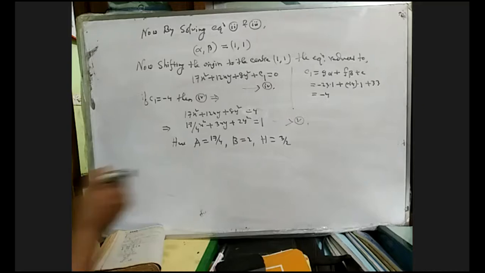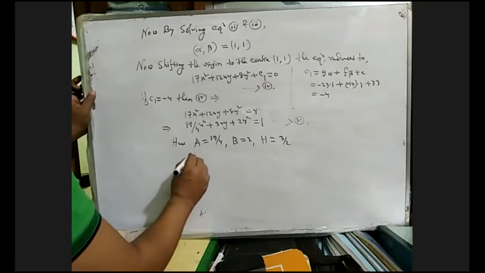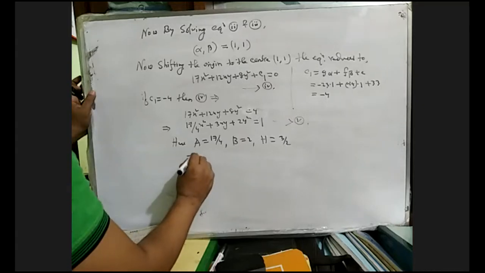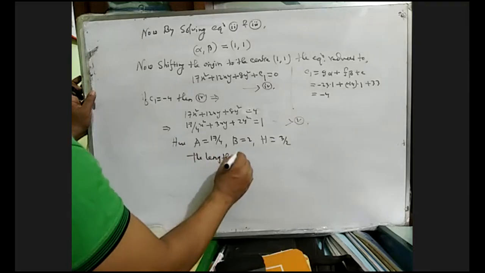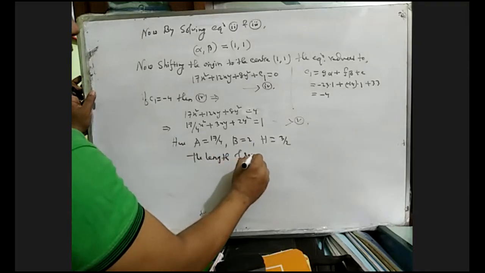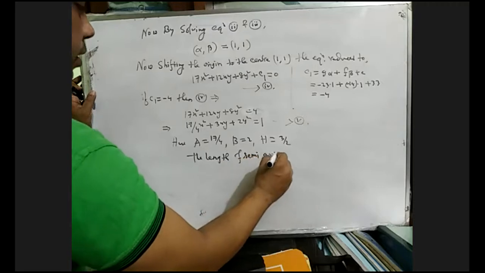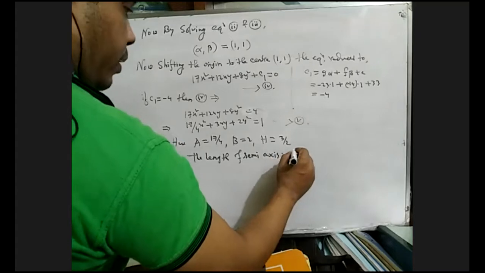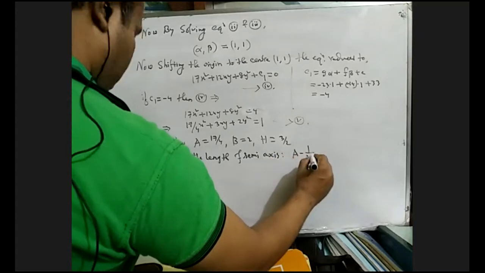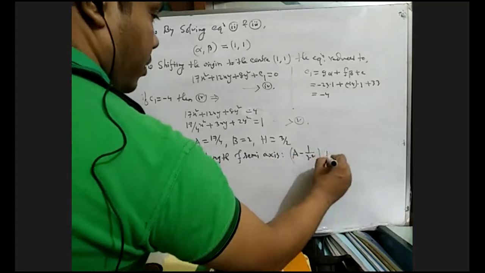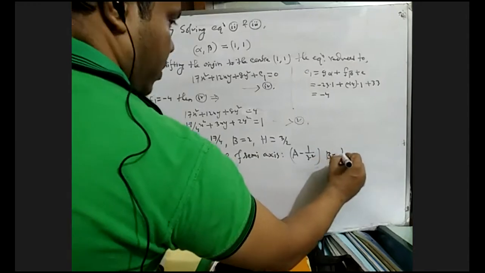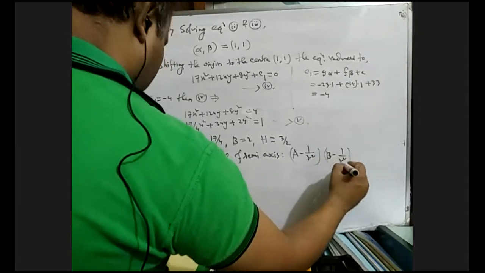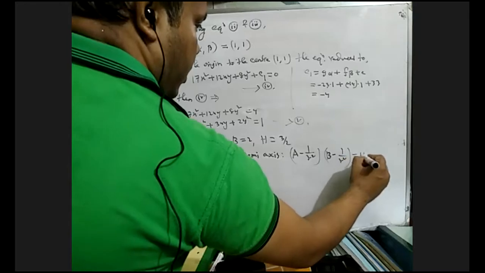The length of the semi-axis is given by: A minus 1 by r square, B minus 1 by r square equals h square.